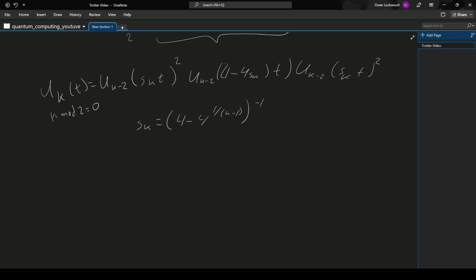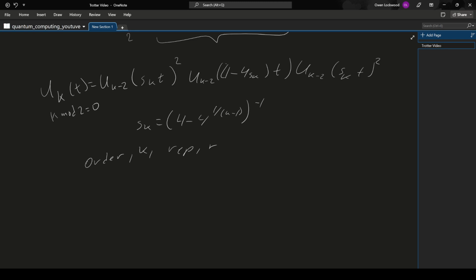I won't get into explaining it, but it's basically just a recursive definition for improving the quality of approximations. So once again here, now we have an order parameter, which is what this k is. And then we have our repetitions, which is r, both of which can be scaled. So that's Suzuki Trotter.